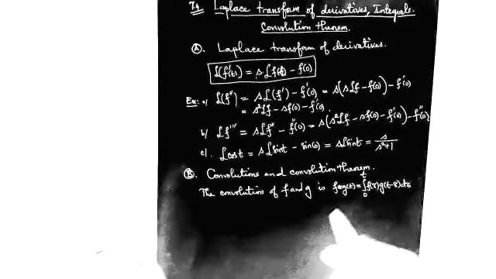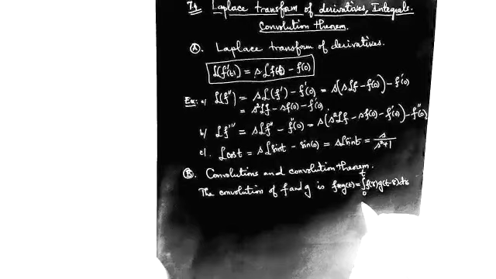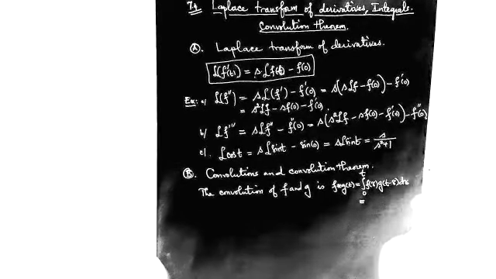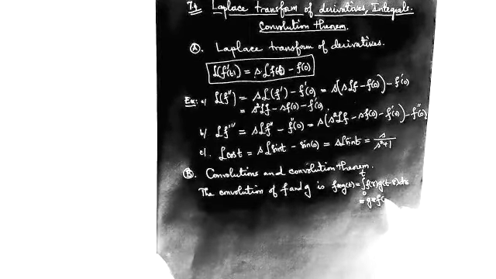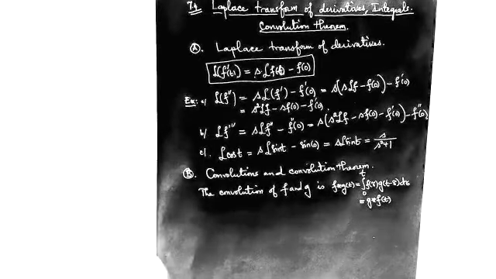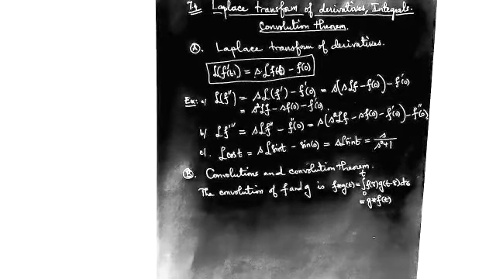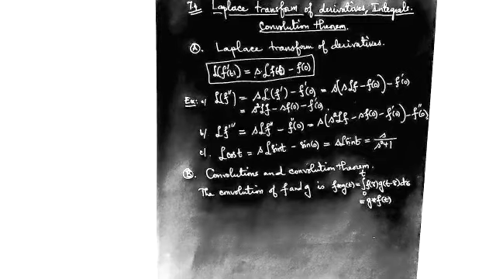This is the operation that we call convolution of f and g. And it doesn't matter whether we say f and g or g and f, because this operation is actually commutative. No matter which one you put first and you compute, you are going to get the same answer. So f star g and g star f are equal, and both equal to the integral from 0 to t of f of tau g of t minus tau d tau.